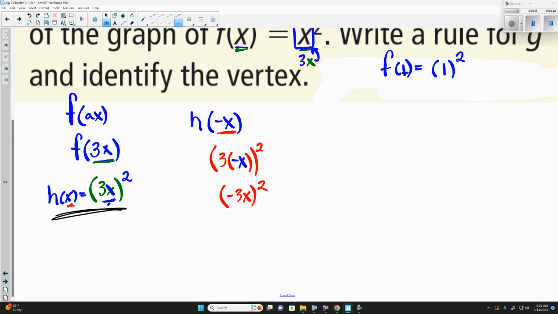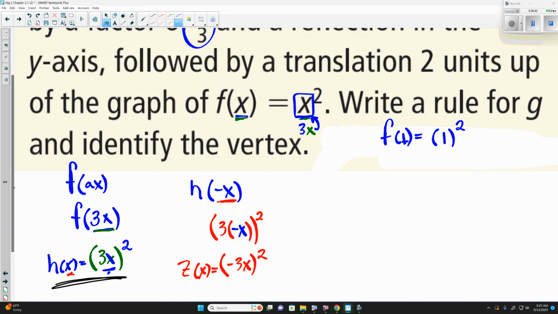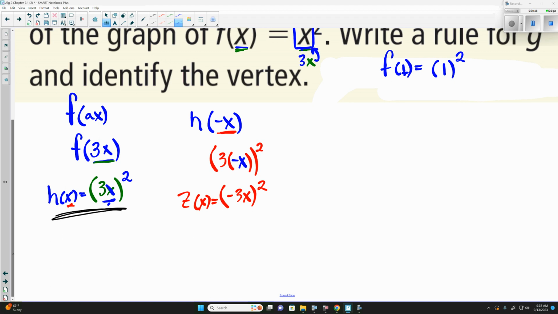And we can call this z of x. So we took care of the reflection across the y-axis. Questions on any of this here? We good with this here so far? And the last one was up 2. So we would add 2. So z of x plus k would be what we have. And again, because it's up 2, we're just adding 2 to the function.